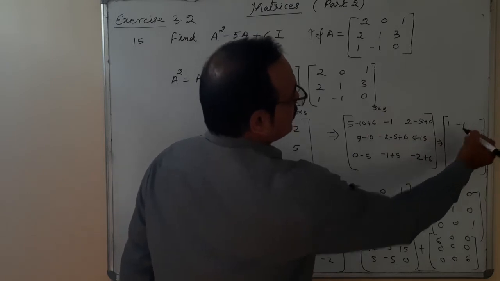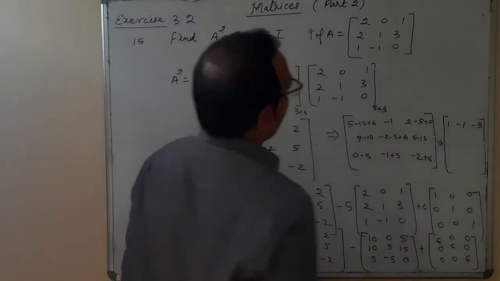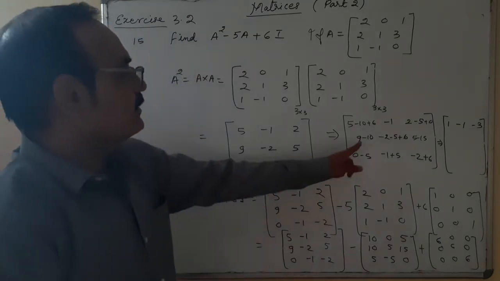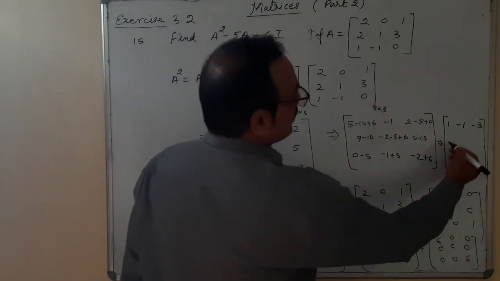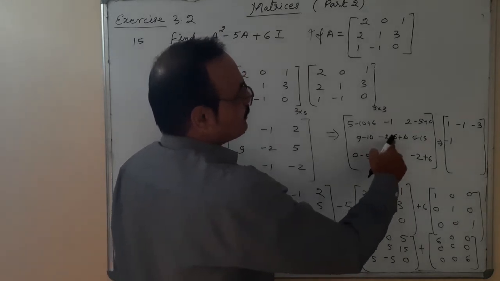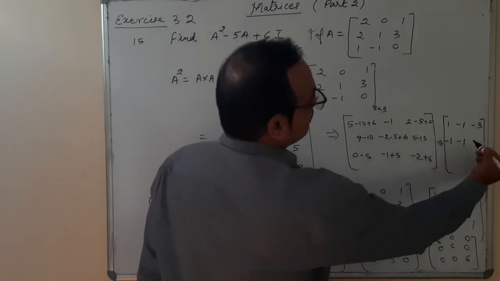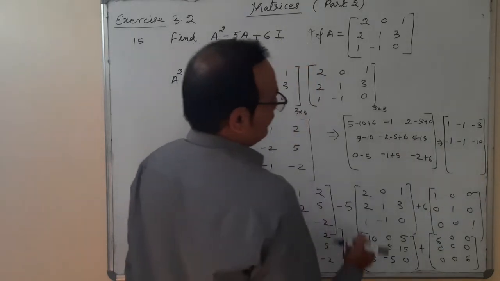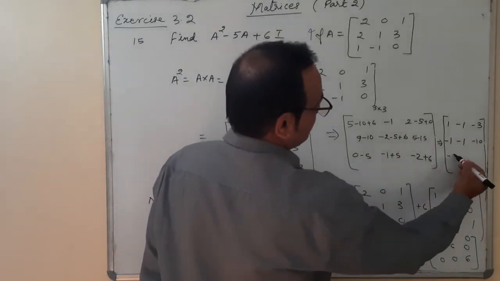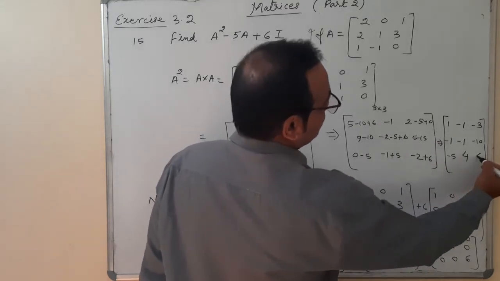It is minus 1. There is a minus 3. Okay. After that, 9 minus 10, minus 1. Minus 2 minus 5 minus 7 plus 6, minus 1. And 5 minus 15 minus 10. Okay. That is minus 5 plus 4, and 4.